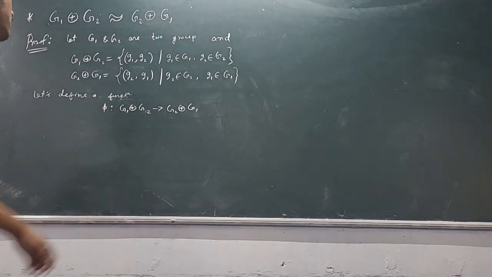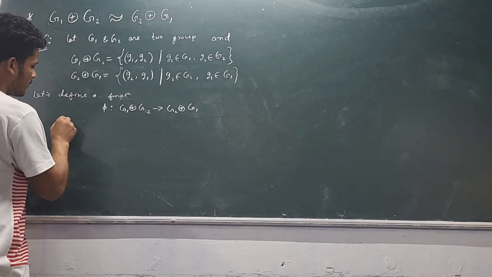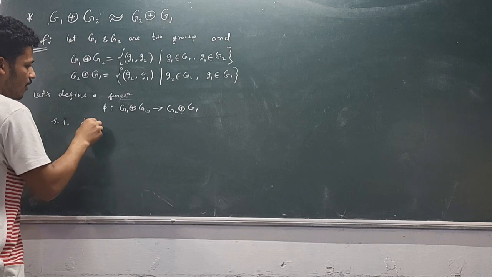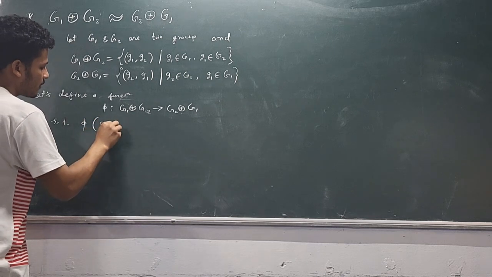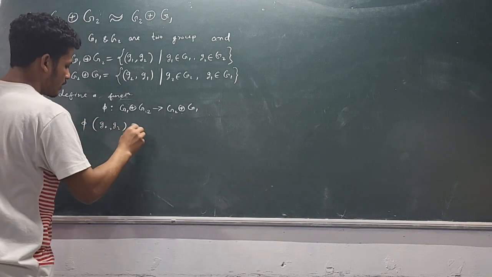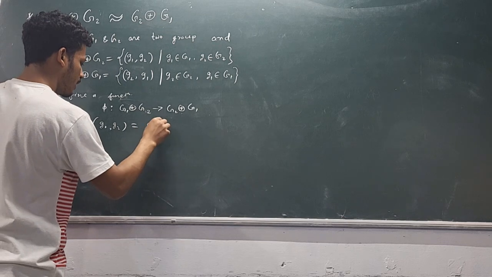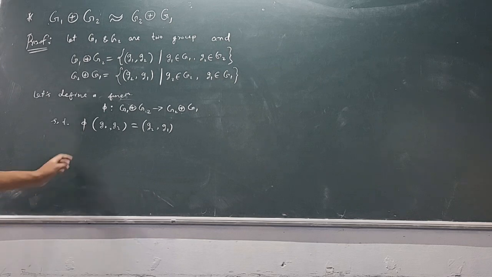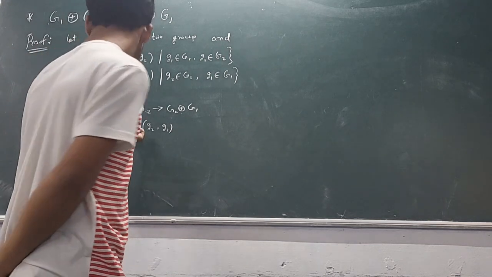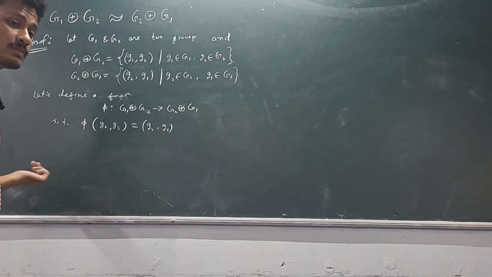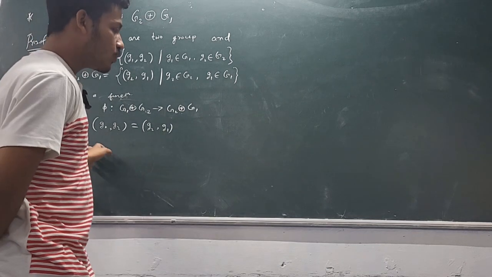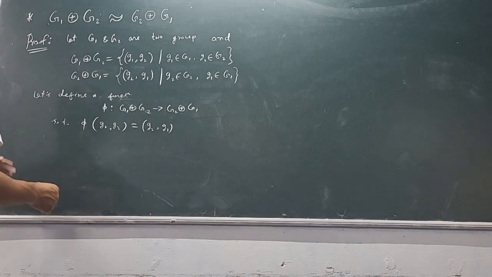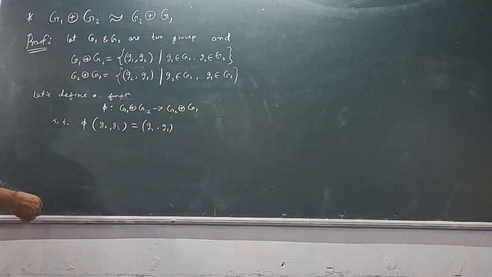Define a function such that phi of (g1, g2) is equal to (g2, g1). So first we will show it is well defined. Then we will show it is 1-1, onto and a homomorphism. It will work in 4 steps.